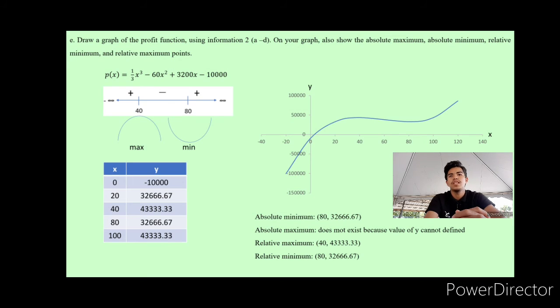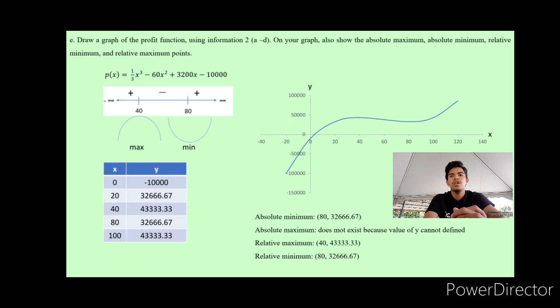For question E, draw a graph of the profit function using information from parts A to D. On your graph, also show the absolute maximum, absolute minimum, relative minimum, and relative maximum points.